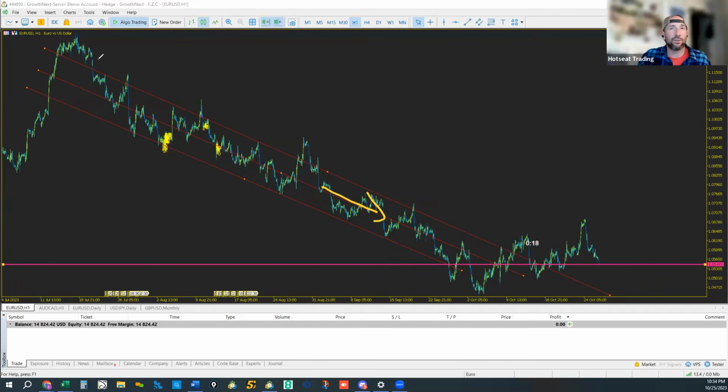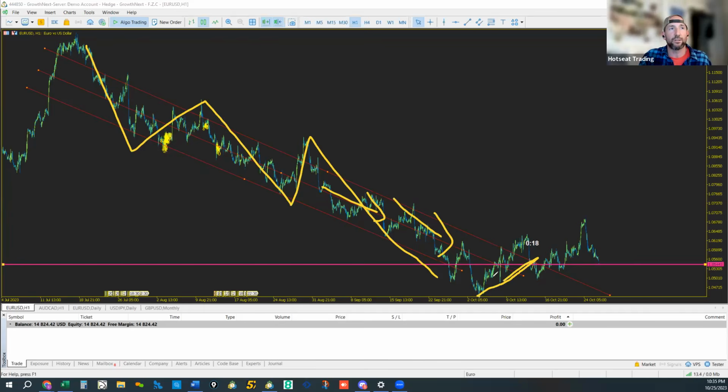If anyone's ever heard of the concept of Elliott wave theory, there are 5 waves, 1, 2, 3, 4, 5. After the Elliott wave, after a move is done, it normally comes into a consolidation, a little A, B, C, and then starts the next move. Is that next move going to be up or down? We don't know.